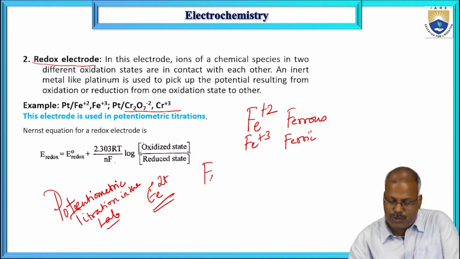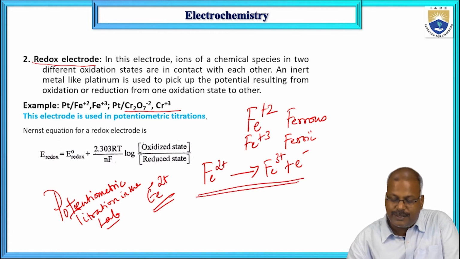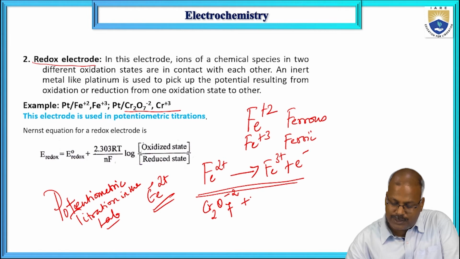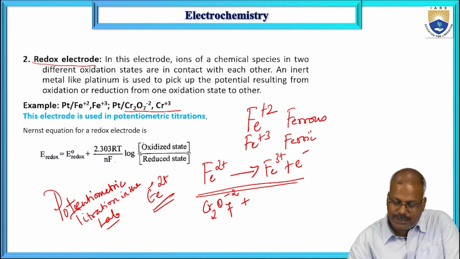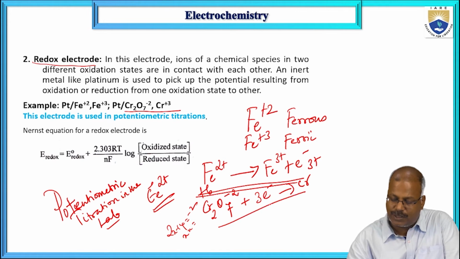Fe2+ gives Fe3+ plus an electron. This is undergoing oxidation. The reduction is by Cr2O7 2-. What is the oxidation number here? 2x minus 14 equals minus 2, so 2x equals plus 6. So plus 6 becoming plus 3 by gaining electrons gives Cr3+. This is undergoing reduction.